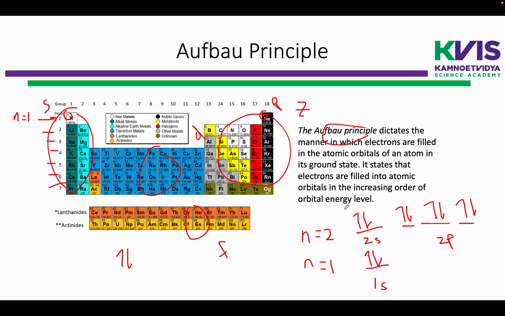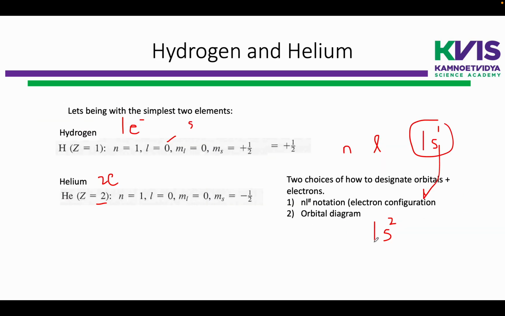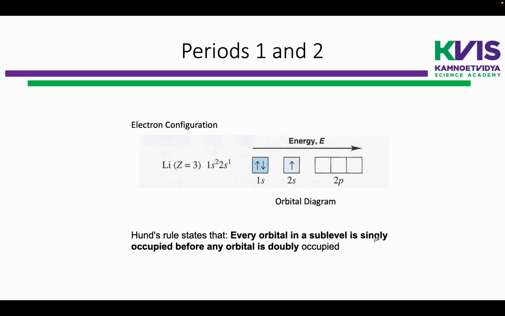So you begin with 1s, and then 2s, and then 2p, because these are in the same shell, we put them along the same energy axis. Okay? But in terms of the orbital diagram, all you'll do is list the orbitals from low energy to high energy from left to right, with the energy axis being along the x-axis. So that's pretty simple. Right?